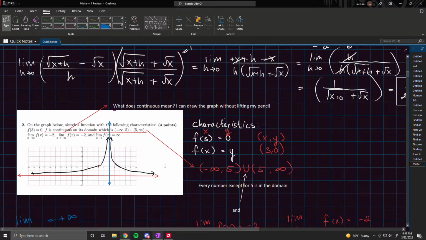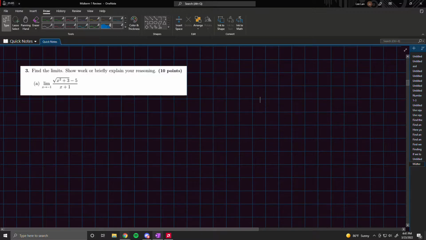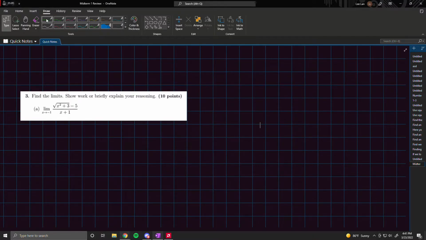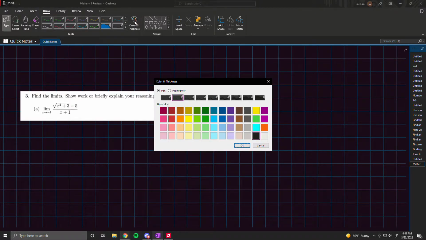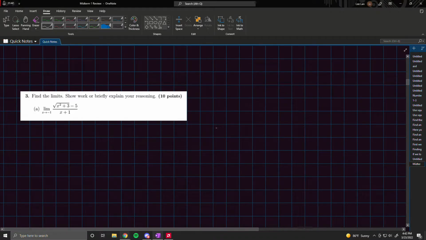Okay, so let's move on to number 3. Find the limits, show work, or briefly explain your reasoning. In my session when I went over this problem, I did run into an issue, but I will go over this problem the way I would do it. I might be doing it wrong because I don't think I was able to find the answer.